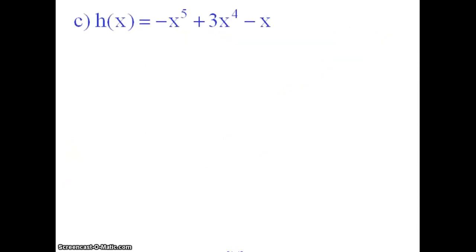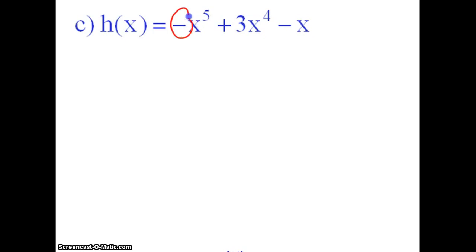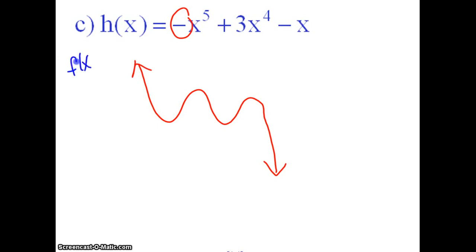Okay, what about this one? So, same idea except it's negative. It's flipped. Like that. f of x approaches positive infinity as x approaches negative infinity.